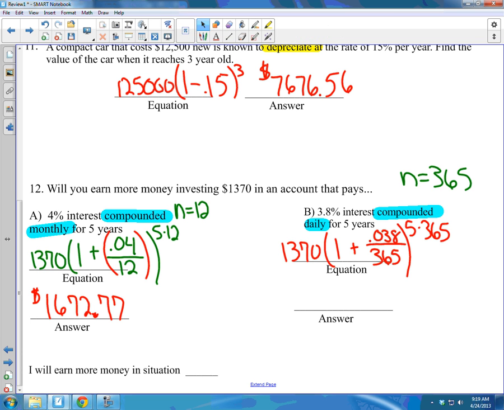So when you type this into your calculator, don't forget extra parentheses here. When you type this in, you get $1,656.66. So which scenario gives you more money? Situation A. And that is the first learning objective.